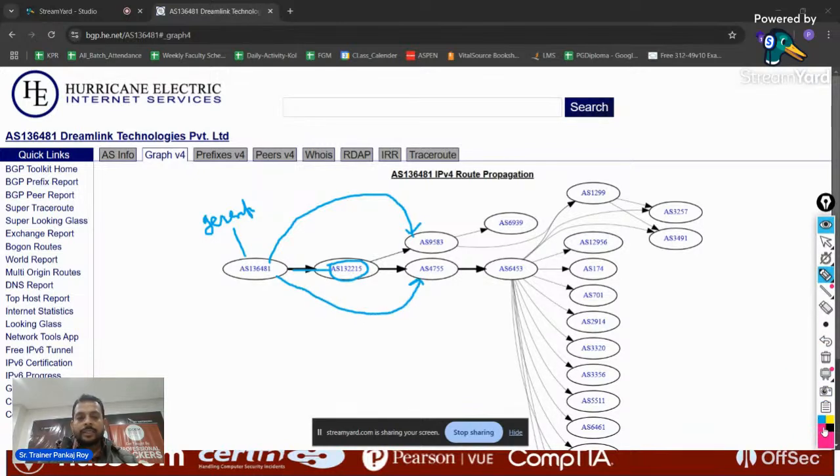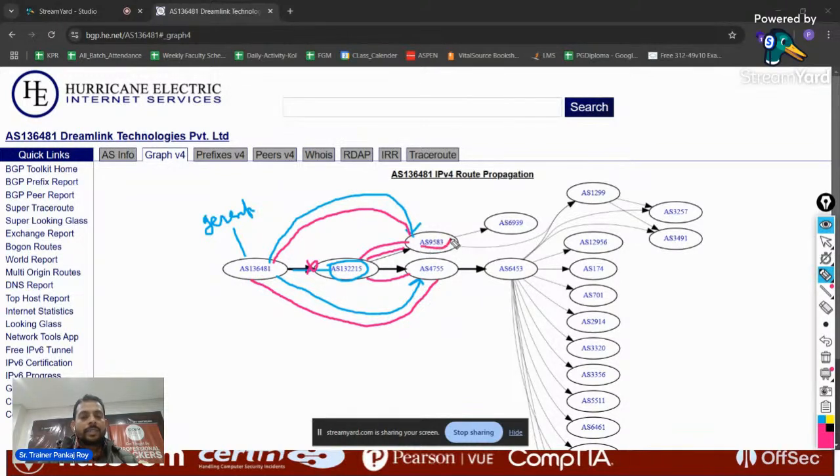These are connected via this one. So if this link fails, Dreamlink will not be connected to outside AS numbers.